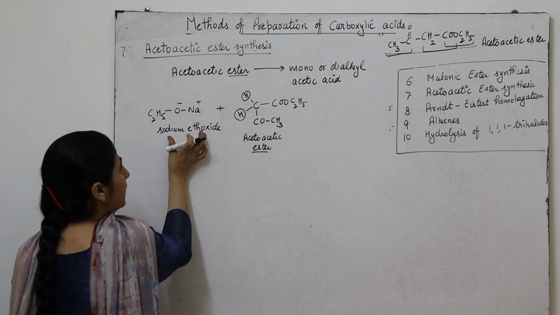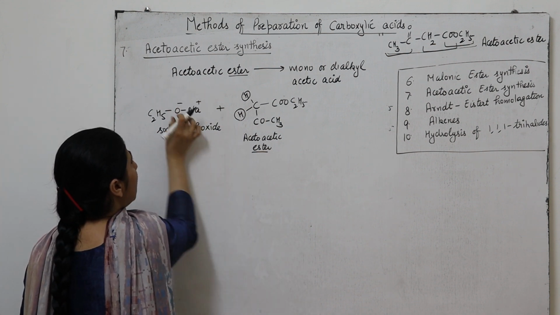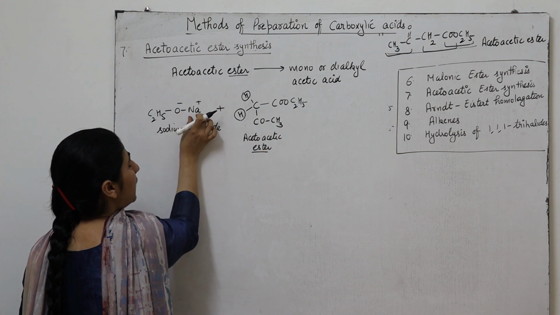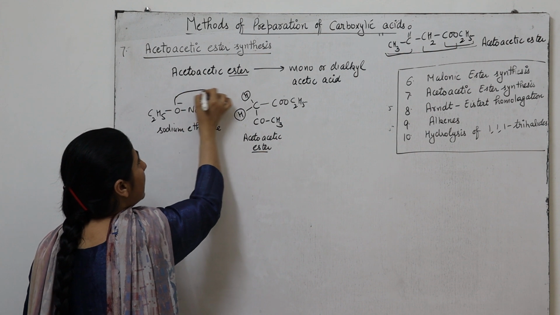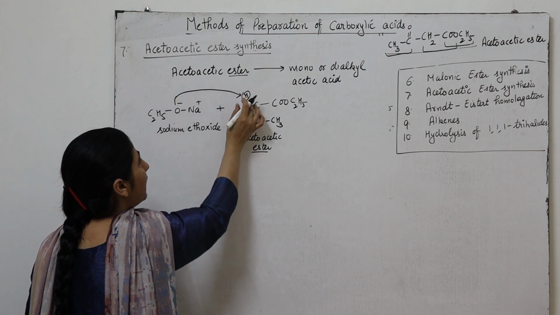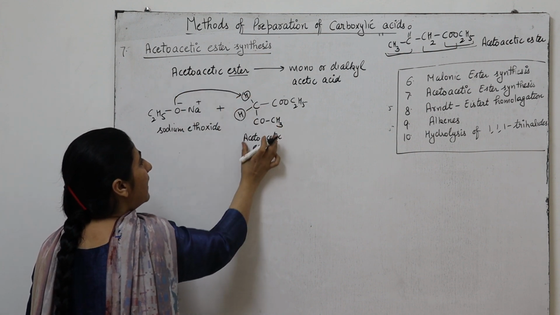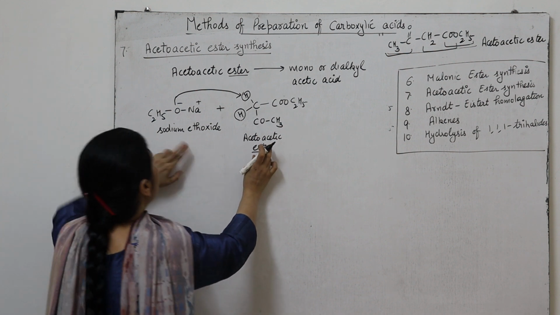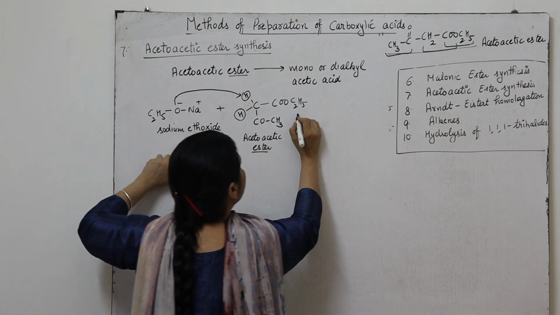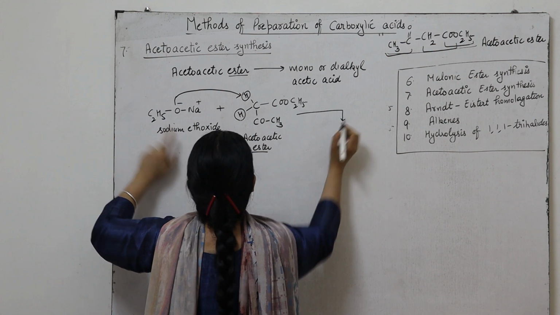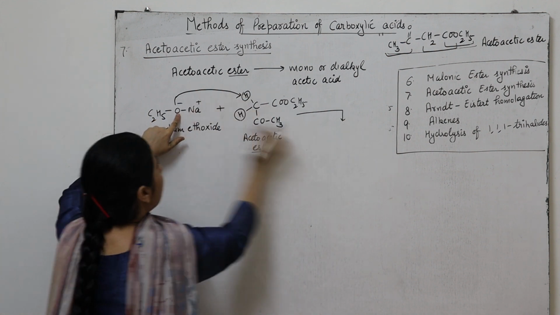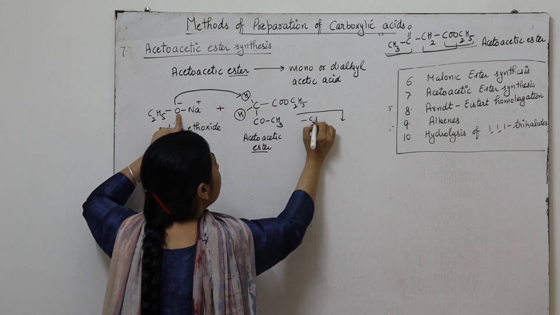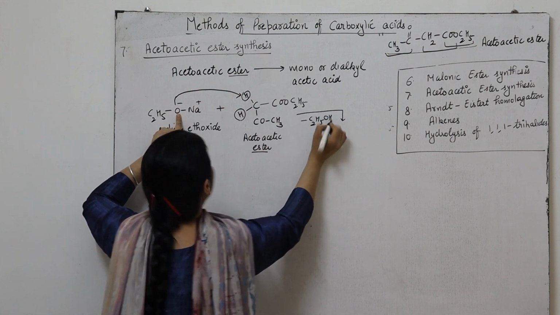When it reacts with sodium ethoxide, the ethoxide is the negative part and sodium is the positive part. The ethoxide abstracts one of the ionizable hydrogen atoms of the acetoacetic ester to form the carbanion, and is eliminated in the form of ethyl alcohol.